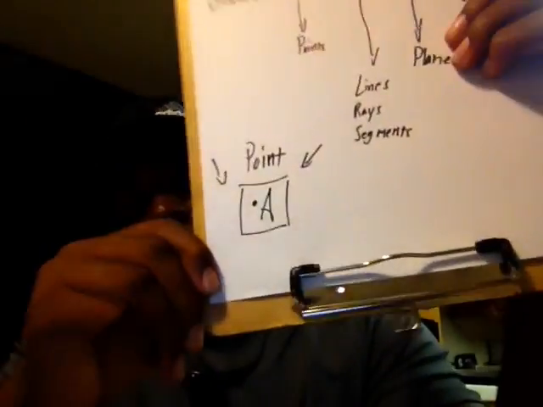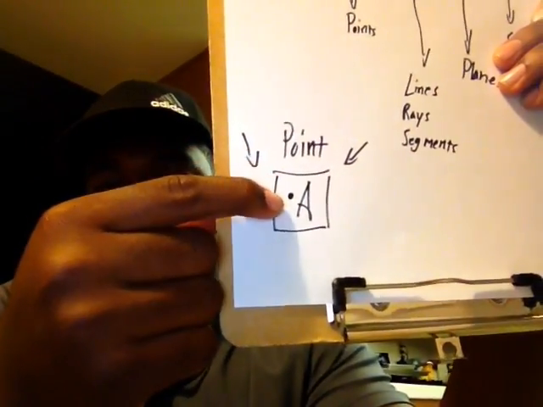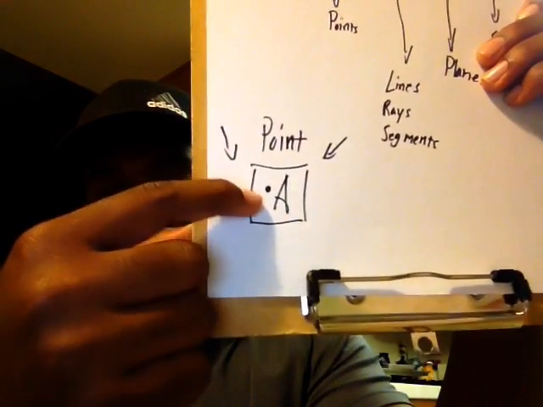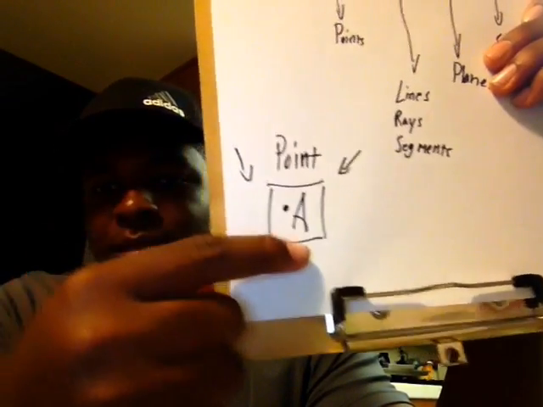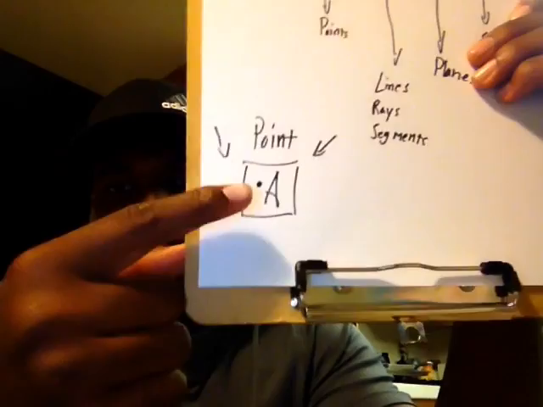A point looks like this. This is a point. So if you have a dot and then a label, a dot and then a number, a dot and then some type of symbol where you basically explain what that is. Alright. Done with points. Check.